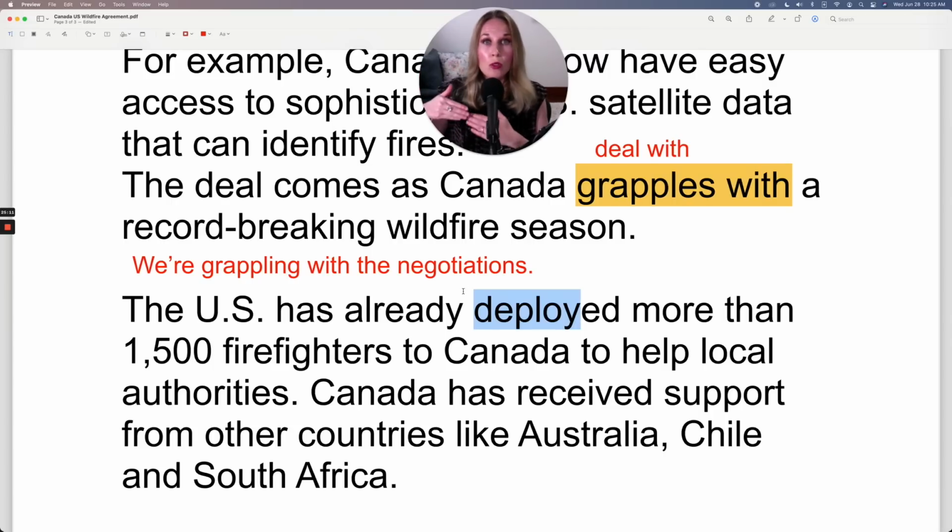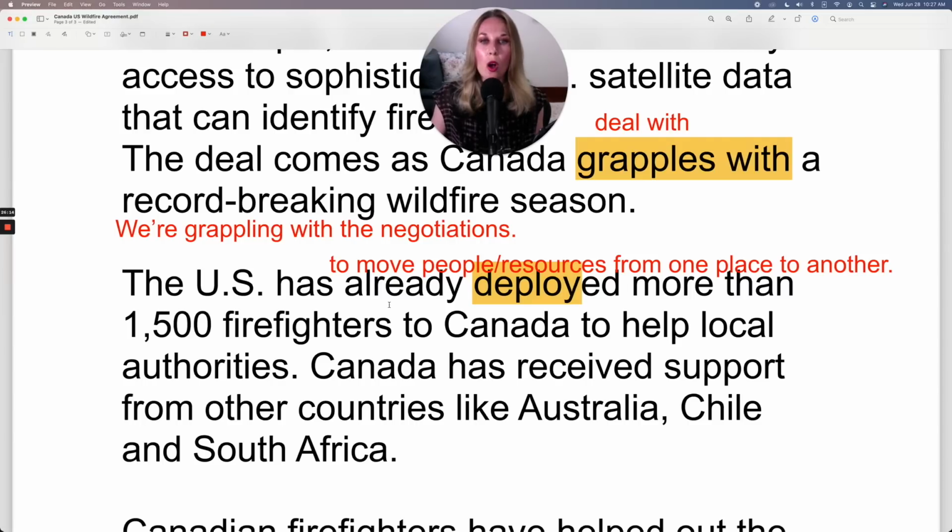You can also deploy resources, deploy support, deploy food, deploy aid. So to deploy, you move from one place to another. It can be within a country as well. So Texas deployed resources to California, for example, but we commonly see this when one country deploys it to another.